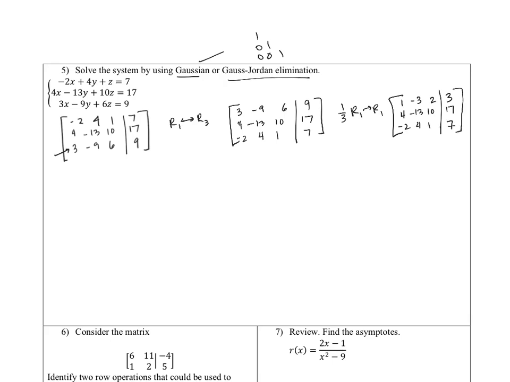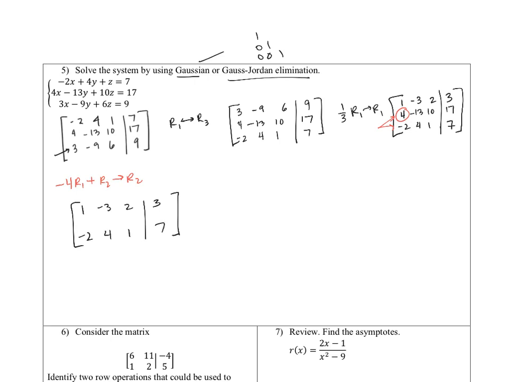So now that I have that 1, I want to make my zeros down below. Let's work on making that 4 turn into a 0. So I need negative 4 times that first row, the 1 I just created, added to row 2 to make my new row 2. Again, the only row that's changing is row 2. So row 1 is 1, negative 3, 2, 3. Row 3 is negative 2, 4, 1, 7.